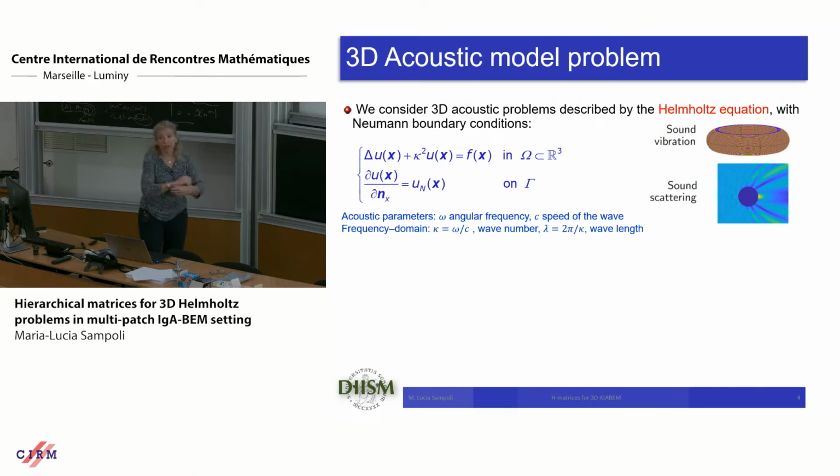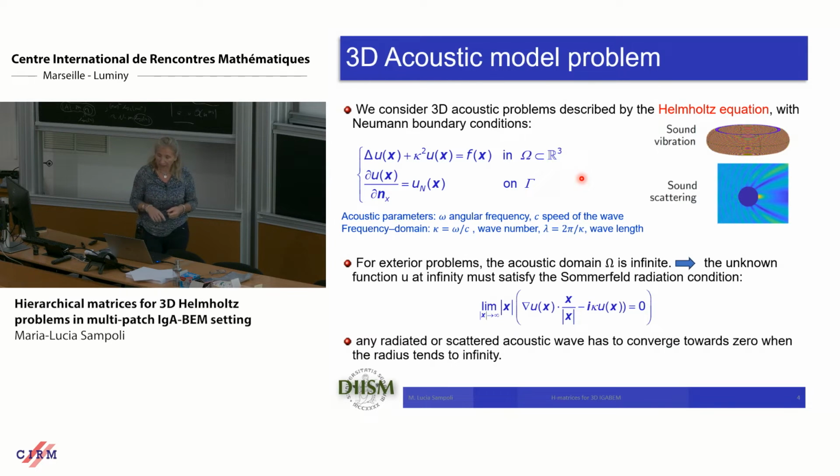We are considering an acoustic problem that can be modeled by the Helmholtz equation, and we are considering the case where these problems are equipped with mainly Neumann conditions, where kappa is the wavenumber. These model, for instance, sound scattering or sound vibration.